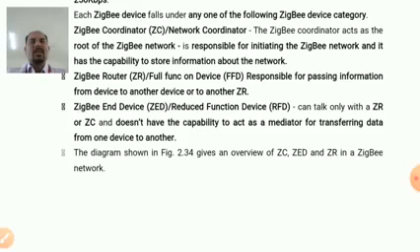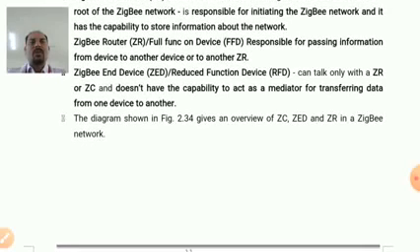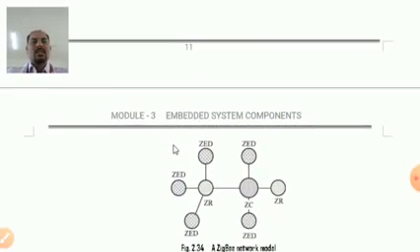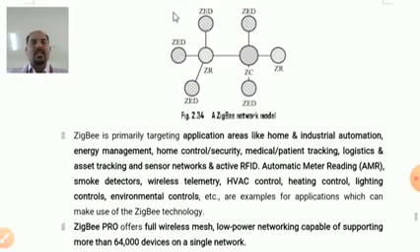Next is the Zigbee end device or reduced function device, which can talk only with the ZR or ZC and does not have the capability to act as a mediator for transferring data from one device to another. The diagram shows the ZC, ZR and ZED connections.